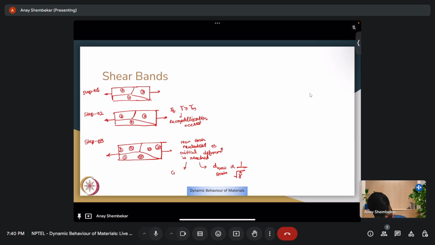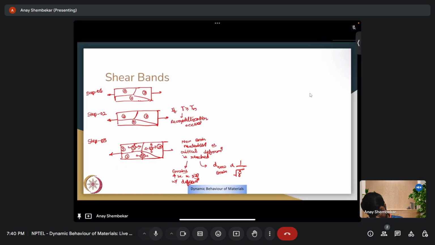Then these grains increase in size with deformation, and they in turn can also give birth to other children grains within.